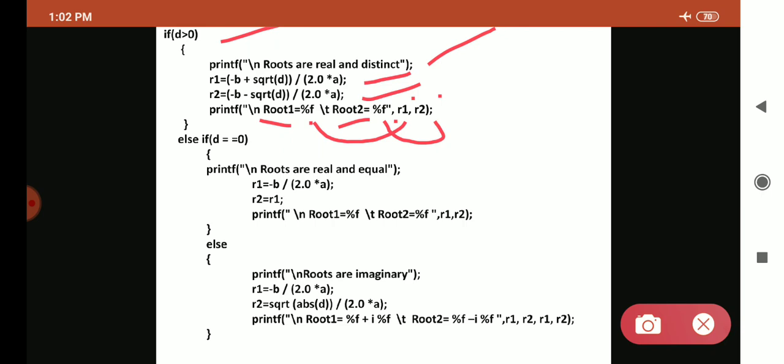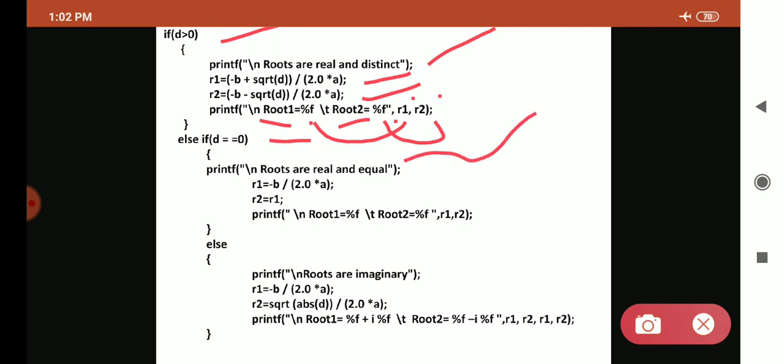Now if this case is false, that is if the value of d is not greater than 0, then control will go to check the second condition. The second condition is d equal to 0. If d is equal to 0, then roots are real and equal.